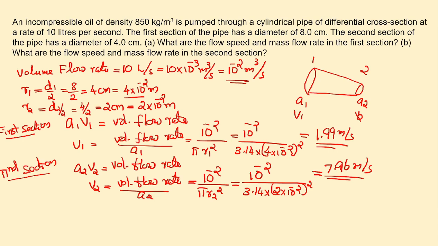Okay. Now we also have to find the mass flow rate. At the beginning of the problem, the fluid is oil, an incompressible oil of density 850 kilogram per meter cube.